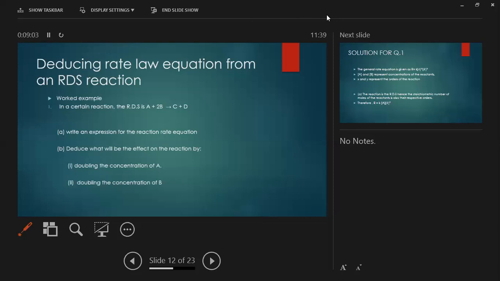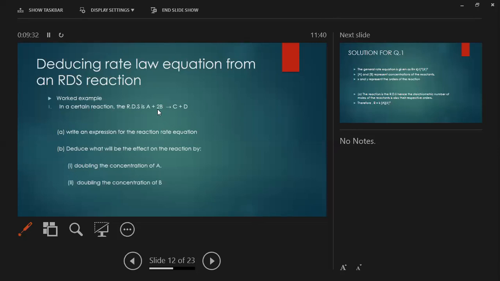Yes, Amayebua. Sir, the rate will increase by 4. Why? Because it's a second order reaction. Okay, very good. How do you know it's a second order reaction? Sir, because of the number of moles. Very good.